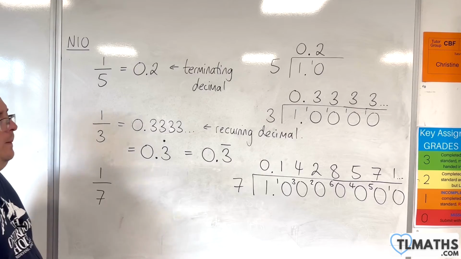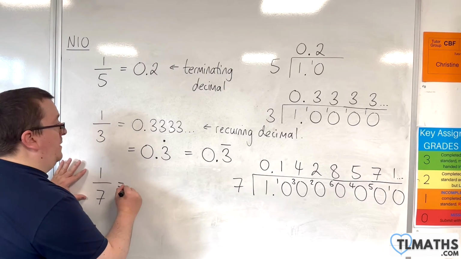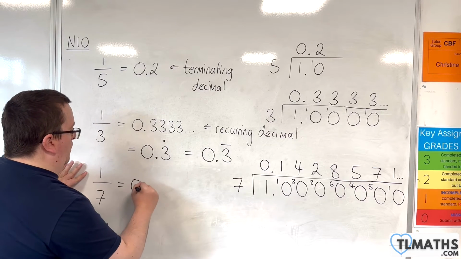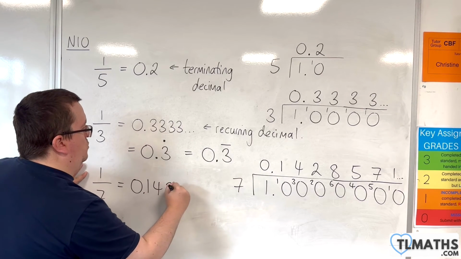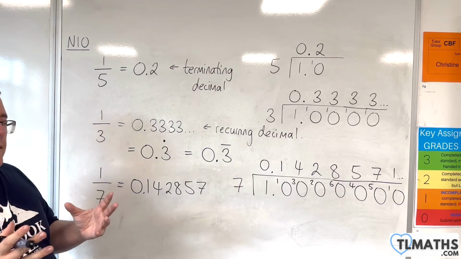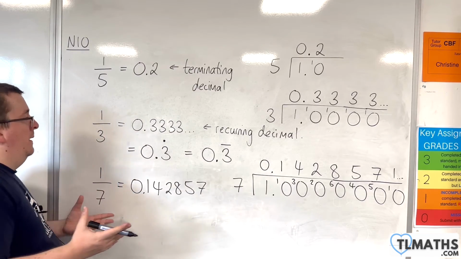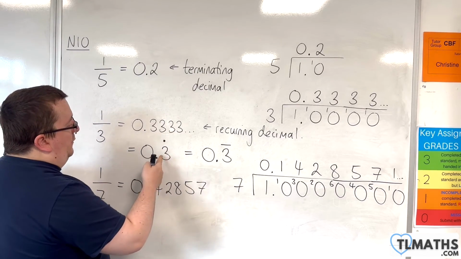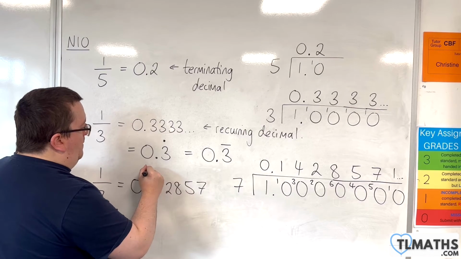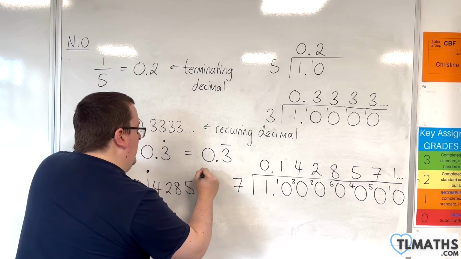So 1/7 can be written as 0.142857, and I want some way of identifying that it is just that piece that's going to be repeating. And the way to do that using this notation is to put a point over the first number that's repeating and a point over the last number.